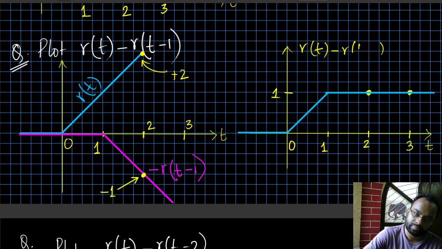Right? So the slope was going with plus 1. Now we have encountered a minus 1 slope, and that actually resulted into a slope of 0. Slope 0 means the signal is parallel to the time axis. So the signal is constant, right?